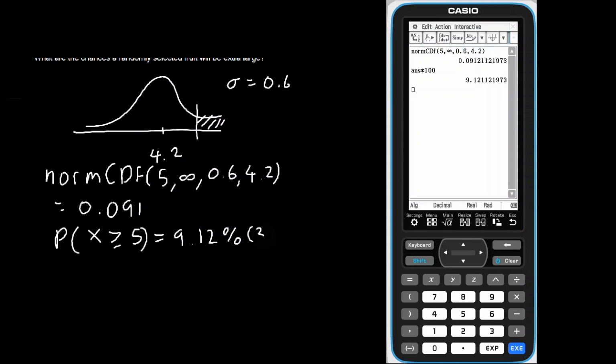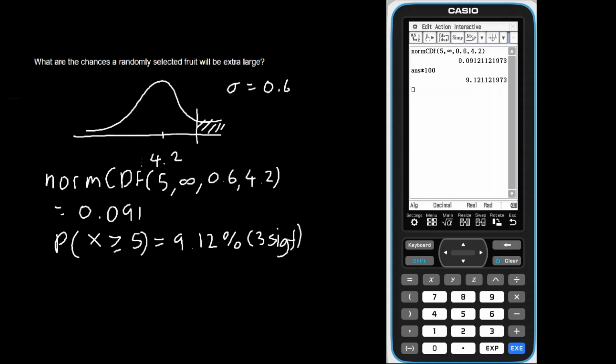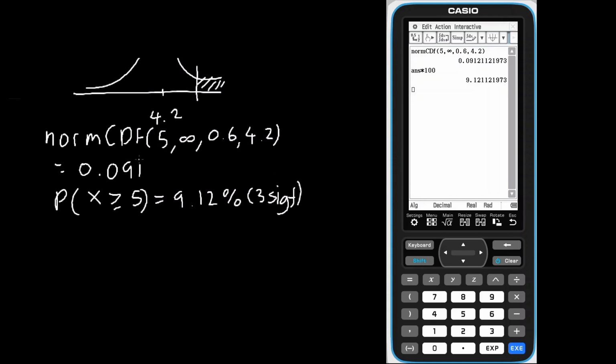Tell the marker you rounded to 3 significant figures, and they'll be pretty happy about that. So you just have to maybe let the marker know as well, if you're wanting to make sure you get all the marks, that x is the normal distribution.